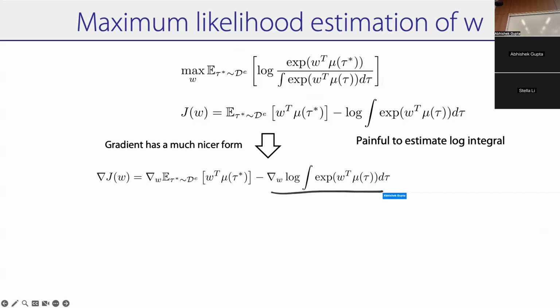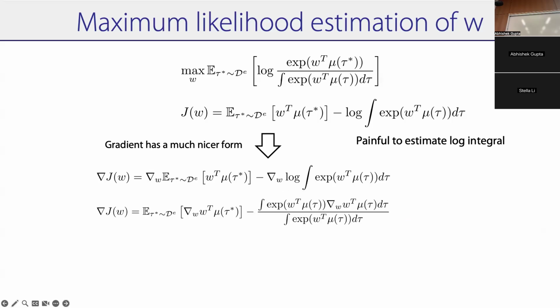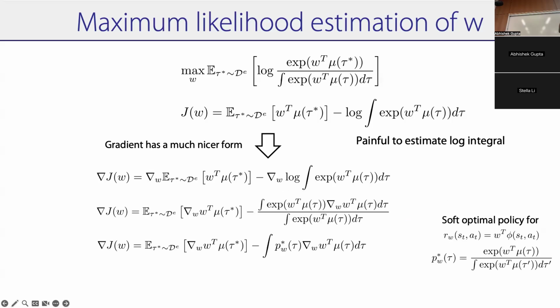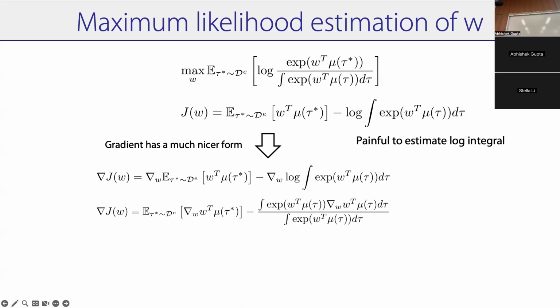And so let's try and write it out. Your chain rule will have a 1 over integral x w transpose mu term at the bottom, right? And then you have to use chain rule. So your numerator is going to have the gradient of x w transpose mu times mu. The denominator is going to be 1 over integral.